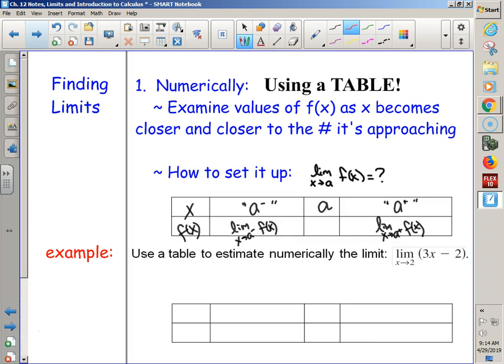It's actually something that we look at. So as we're coming from below and as we're coming from above, we're asking ourselves this big question: is there an L? Is there one number both sides agree on? Then we say, yay, the limit exists. And if there's not one number both sides agree on, we say the limit does not exist.